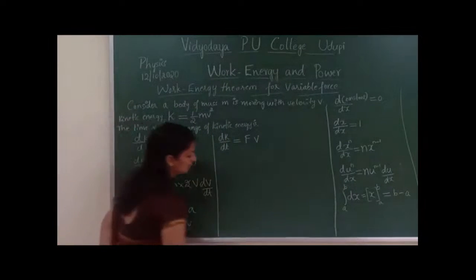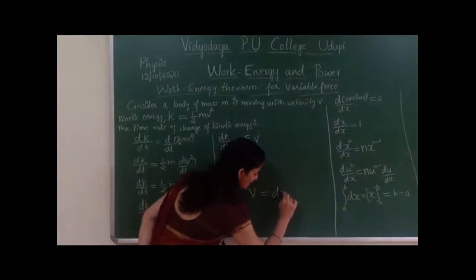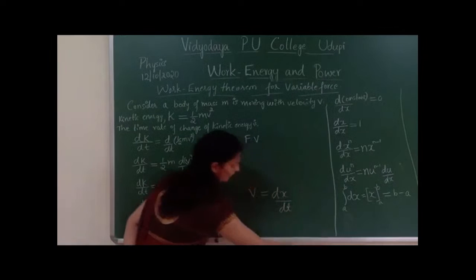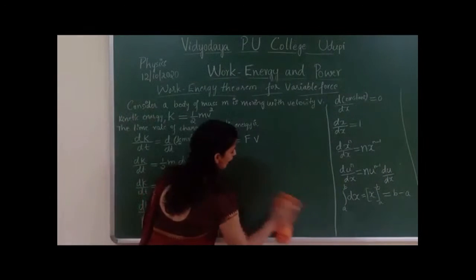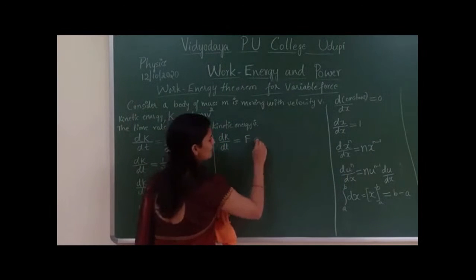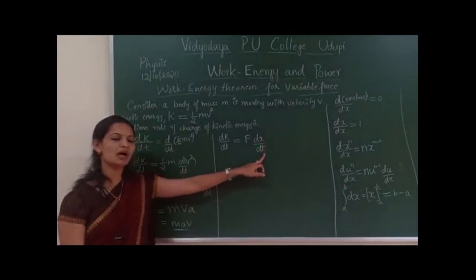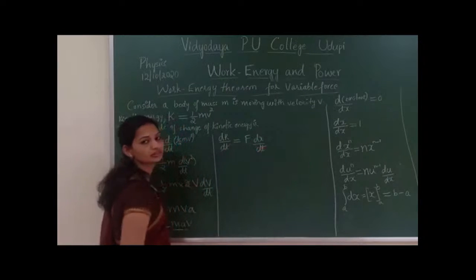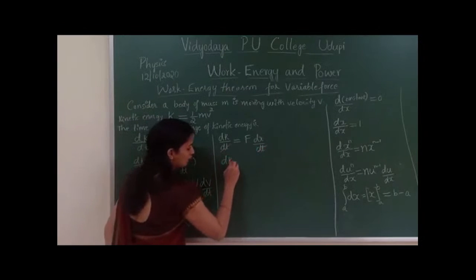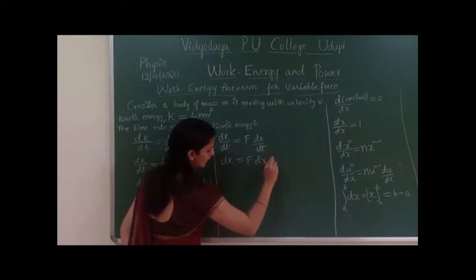And again, v is equal to dx by dt. So I'll write dx by dt here in place of v, which gives dK equal to F into dx.